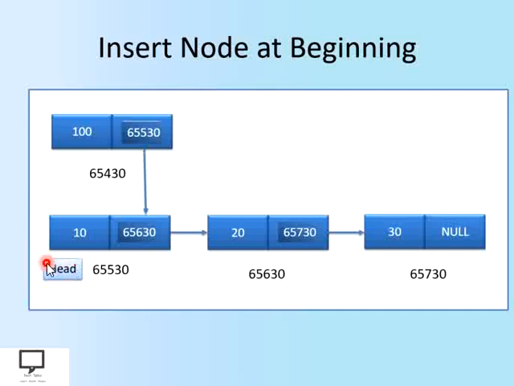What we have to do next, we have to update the head node of our linked list. So now let's remove this head and make this new node as a new head of your linked list, and now this is going to become a head node or a start node or a first node of your linked list, which was inserted at the beginning of the linked list. I hope you must have understood how to insert a node at the beginning.